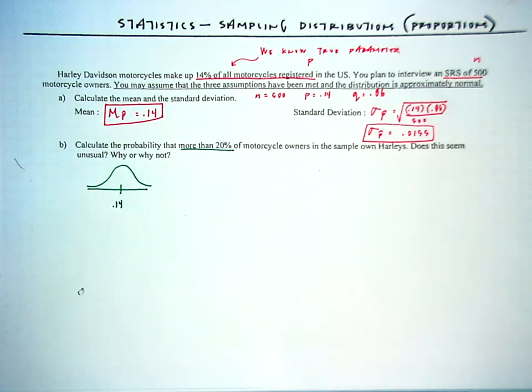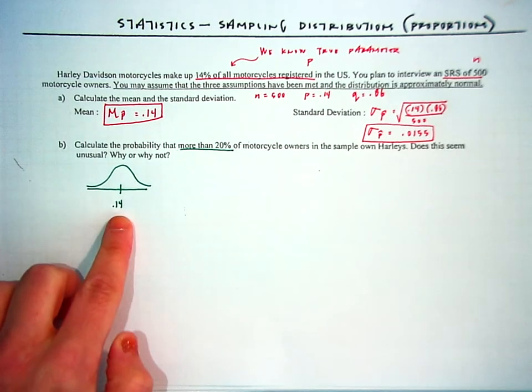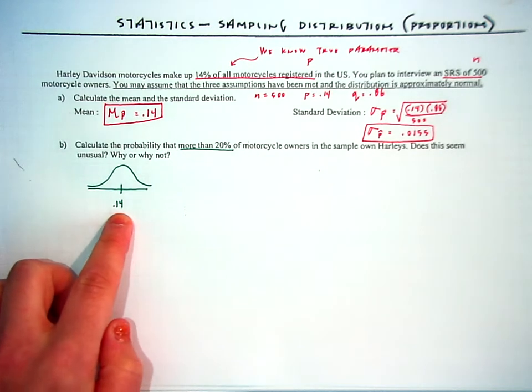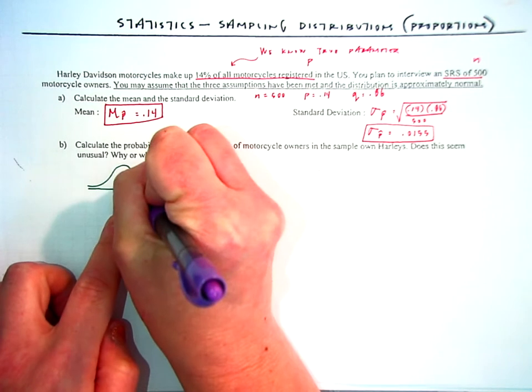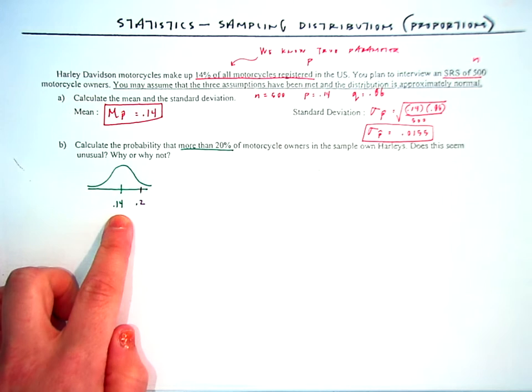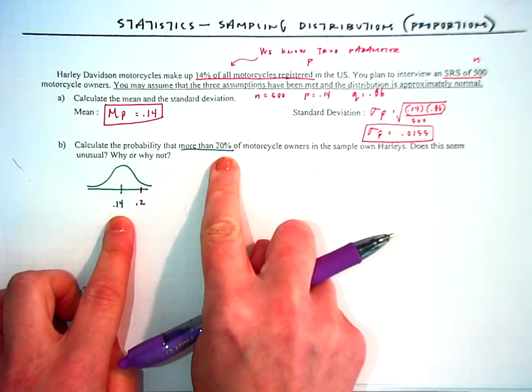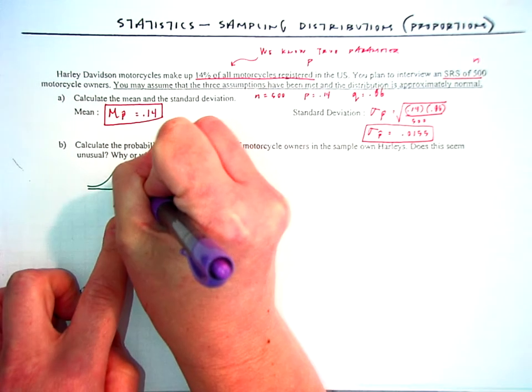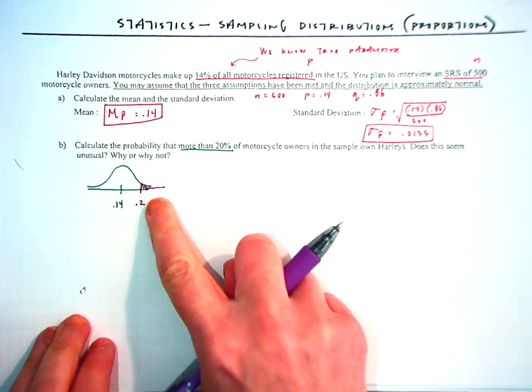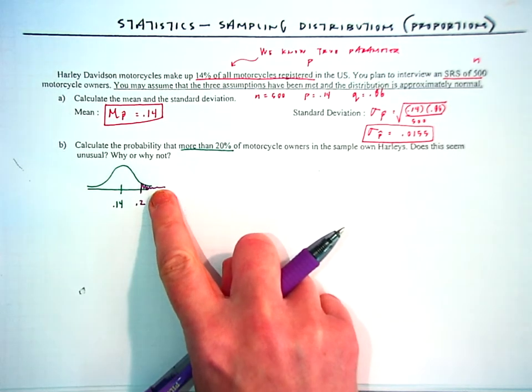We're assuming that 14% of all motorcycles registered are Harleys. What would be the likelihood that more than 20% of motorcycle owners in the sample own Harleys? We're working under the assumption that 14% own Harleys. What if it was 20% instead? Specifically, more than 20% own Harleys. How unusual would that be? What is the probability for this scenario playing out?